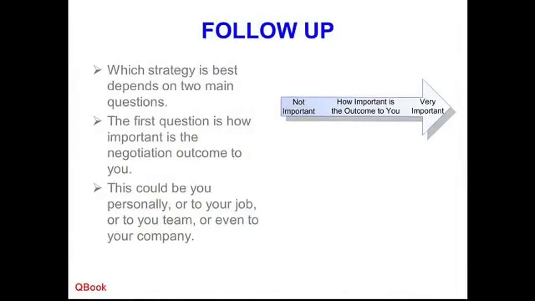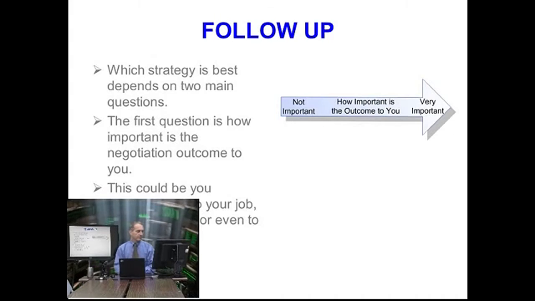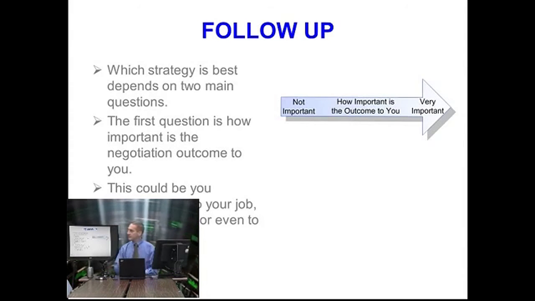Okay, so let's jump back to the slide here. Take a look at this. Think of the first question as being one axis. How important is the outcome to you right now? This negotiation right now, how important is it? Not important? Very important.